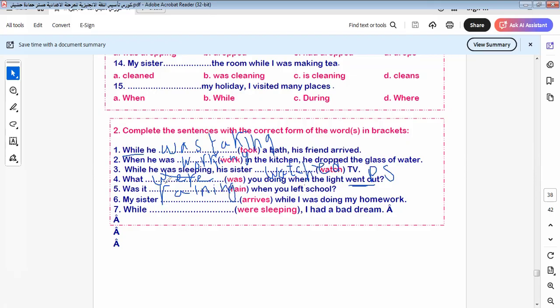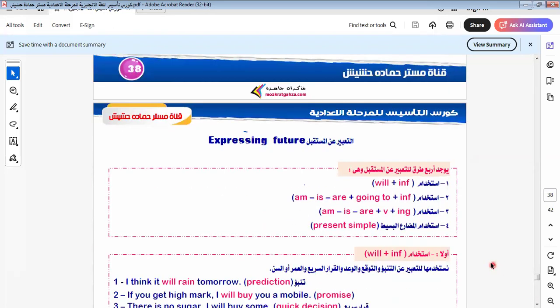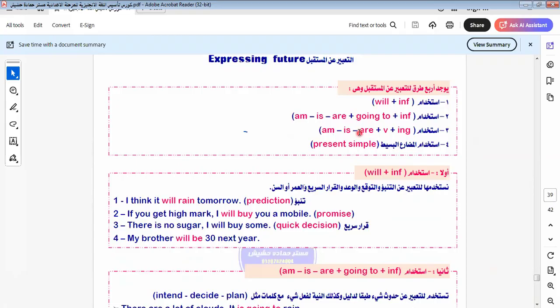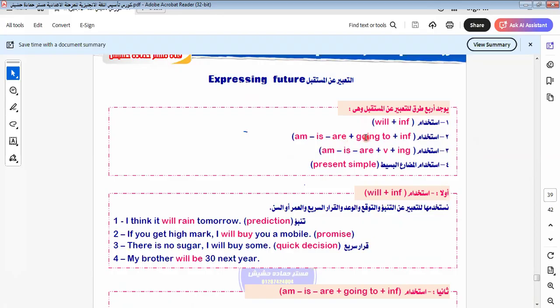Okay. Let's continue the rest of the lesson. I would like to make a quick revision on the tenses to be able to know everything about tenses. Here is expressing the future by will, adding the continuous tense that expresses future as we explained before in the present continuous.